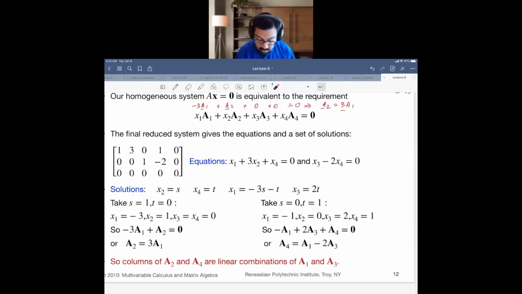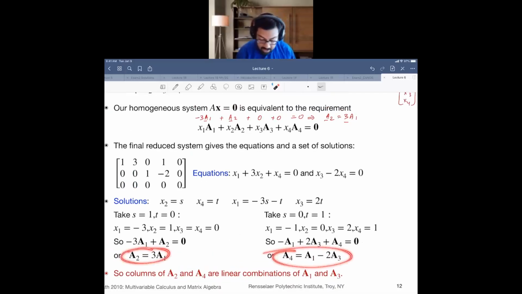Which means, combining both of these conditions, a2 is linearly dependent on a1, and a4 is linearly dependent on a1 and a3, which means that a2 and a4 are linear combinations of a1 and a3, right? So if I have a1 and a3 in my basis, I don't need a2 and a4 in my basis.